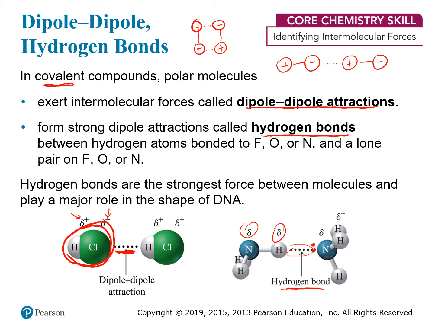Okay, it's important to keep in mind that this hydrogen bond is not the same as a traditional bond. We've been learning about all sorts of bonds within molecules. This is not a bond in that sense. It's just an interaction that's sort of strong enough that it's traditionally been given this name, but it's not a bond.